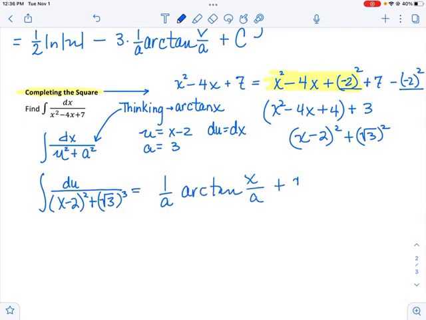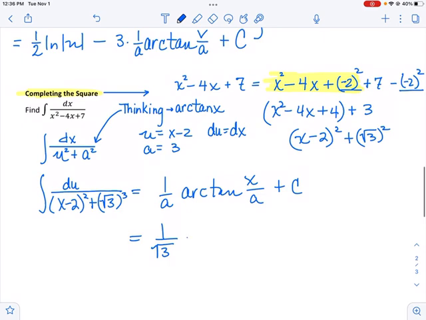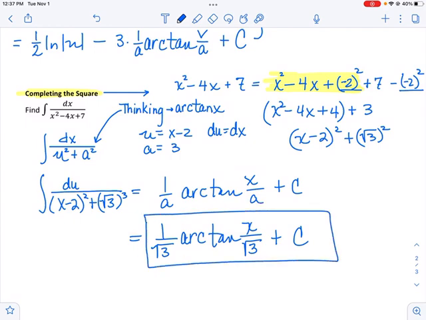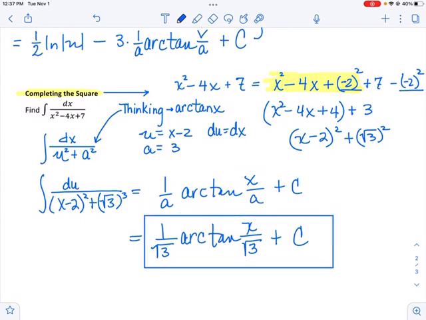So we plug in our a: 1 over square root of 3 arctan, and that's over the square root of 3. I just leave the denominator as a square root. In this case, don't worry about rationalizing the denominator. It just gets uglier.